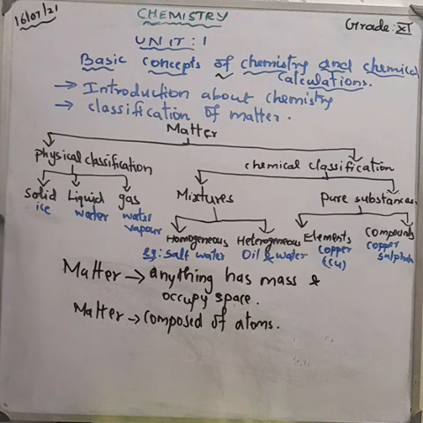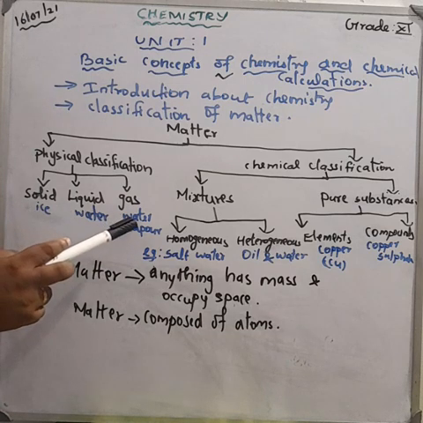What are the three forms of water? Water exists in solid form, liquid form, and gaseous form. The solid form is ice, ice cubes. The liquid form is water, and the gaseous form is water vapor.